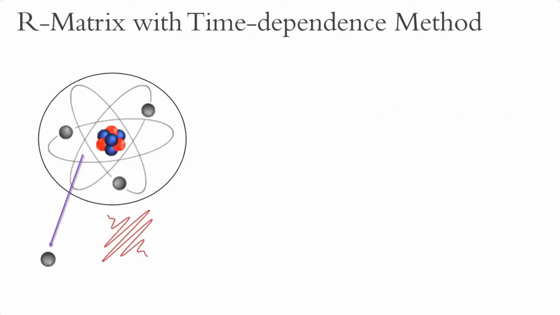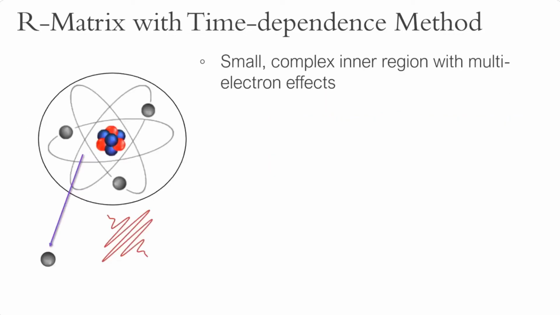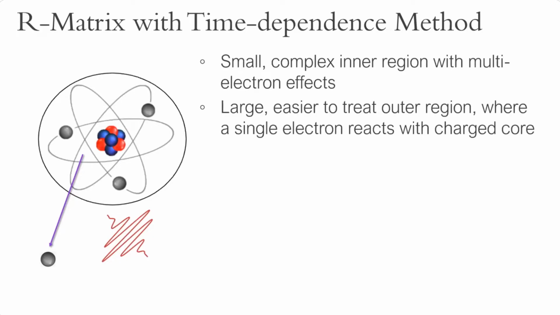The R matrix with time dependence method uses a small complex inner region that includes multi-electron effects. And then as the electron exits this inner region, we have a larger, easier to treat outer region, which treats the system as a single electron reacting with a charged core. This helps us to have a much larger outer region without worrying too much about the computational complexity.